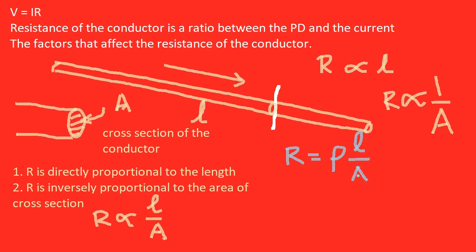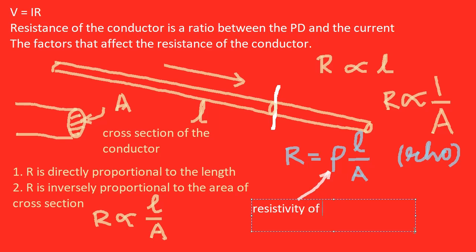That is the pronunciation of this Greek letter. This rho is known as the resistivity of the conductor, and it is a characteristic property of the conductor.